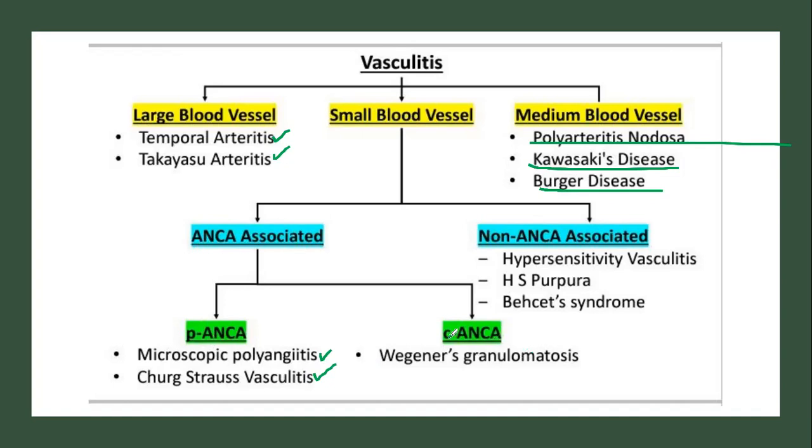Then you have the C ANCA, which is now also known as PR3 ANCA, anti-proteinase 3 ANCA. C means cytoplasmic. They are found in Wegener's granulomatosis, also known as granulomatosis with polyangiitis. Now, let's get to polyarteritis nodosa.